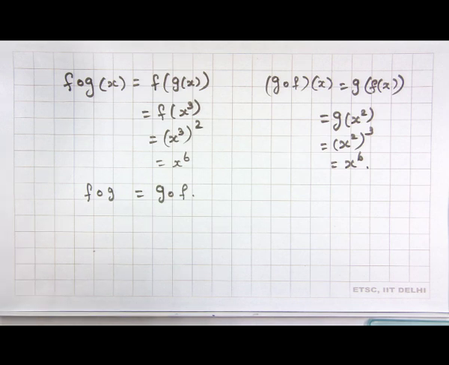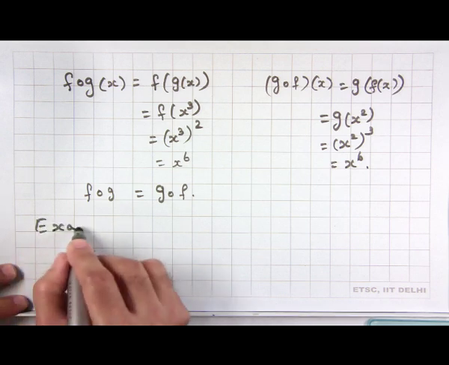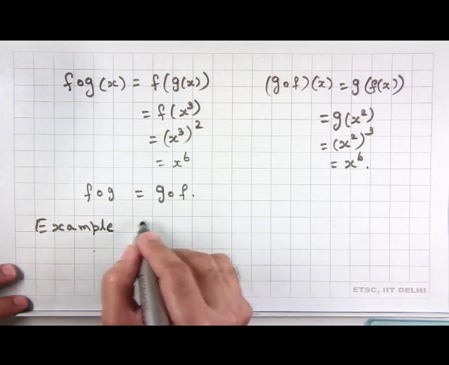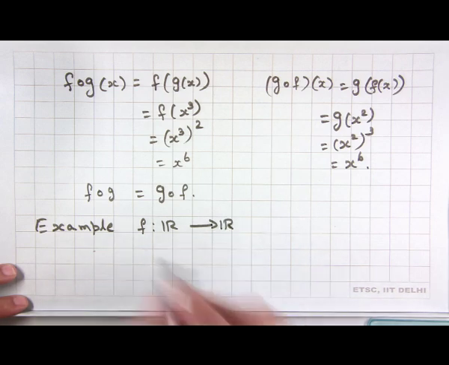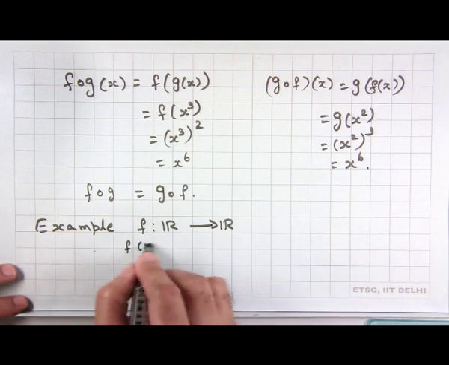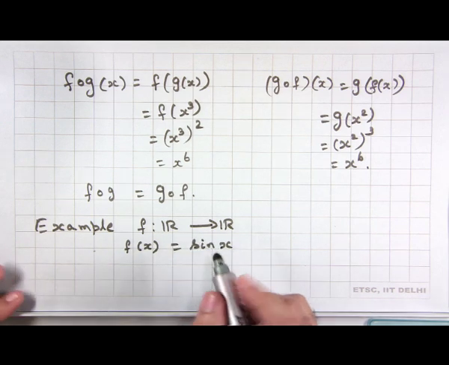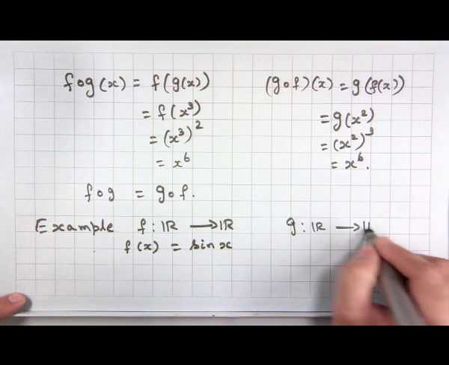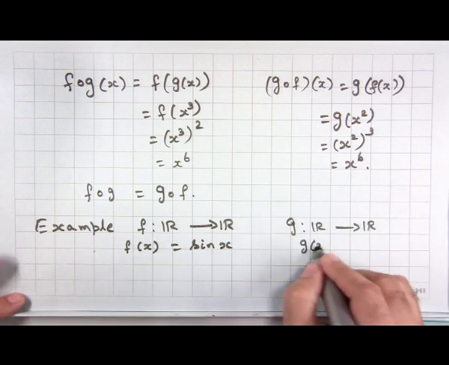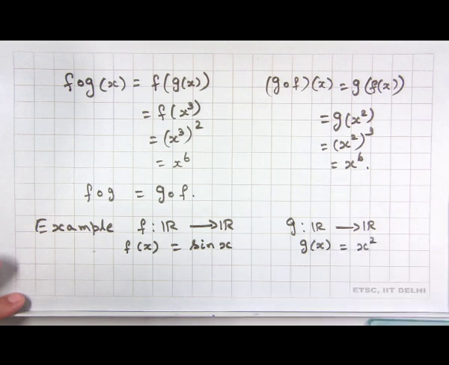Now, let us look at one more example. You have f from R to R given by f x equal to sin x and g from R to R given by g x equal to x square.